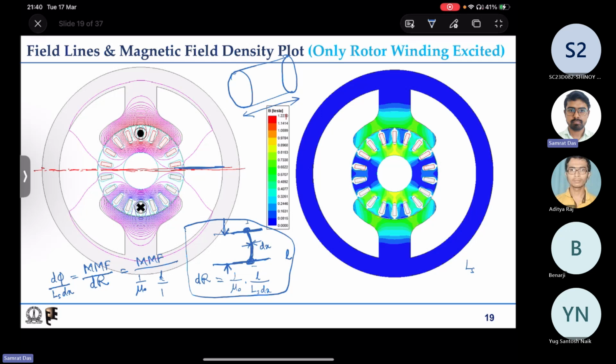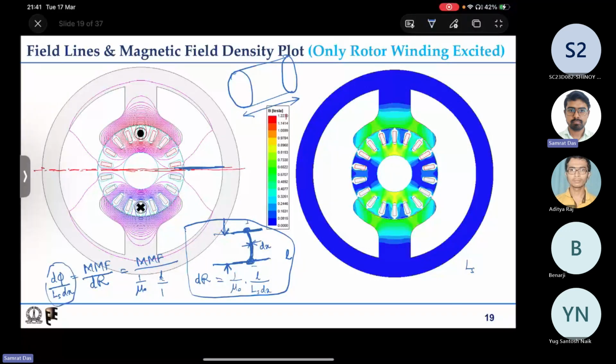So this is nothing but the infinitesimal flux divided by infinitesimal area, although it may not be defined in a mathematical sense. If we consider the limit, d phi by dx, then this is nothing but d phi by dA, that is an estimate of the flux density here.